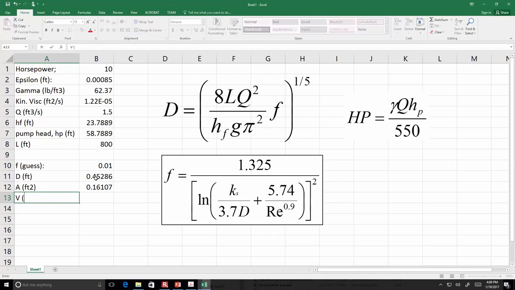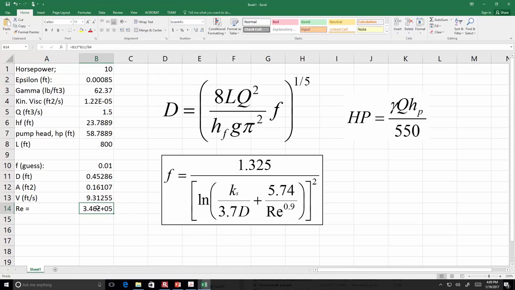And then the velocity that would arise from that is Q divided by the area. And finally, a Reynolds number, which is unitless. So it's going to be velocity times diameter divided by the kinematic viscosity.